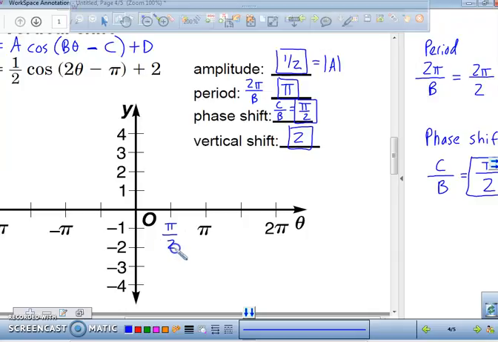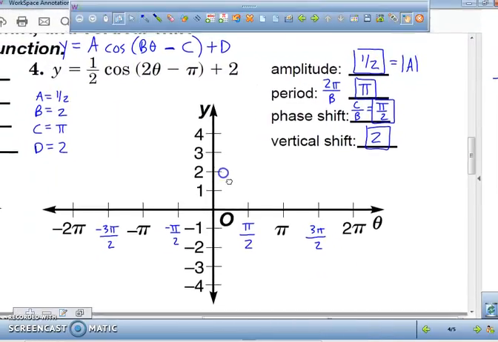Pi over 2. This right here, everybody, is 3 pi over 2. This is negative pi over 2, and this is negative 3 pi over 2. So we found the amplitude, the period, the phase shift, and the vertical shift just by looking at what? Looking at our equation.